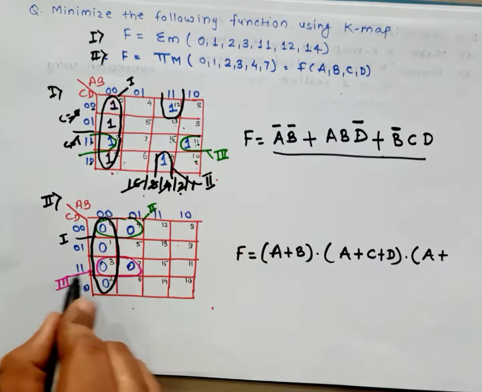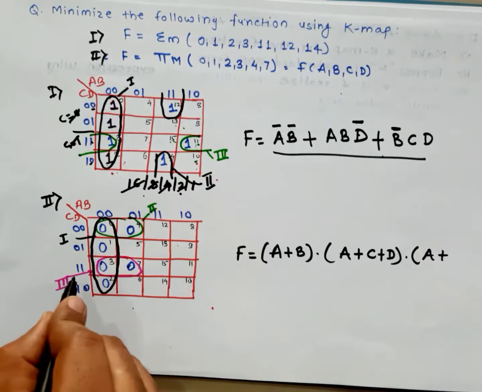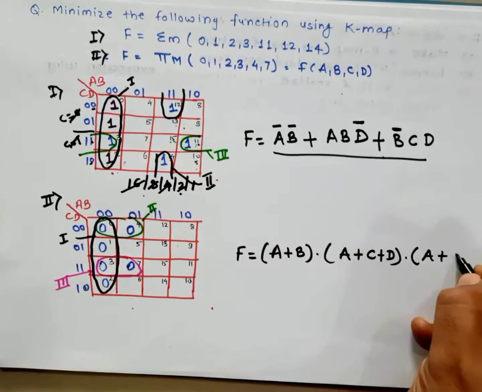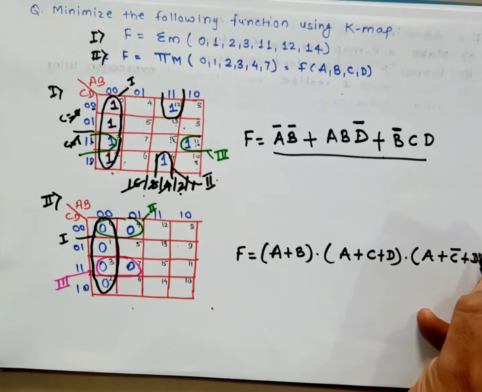Now only one row is considered and the value of C and D is 1 1, so for 1 it's a bar, that is C bar, and for D it's D bar.